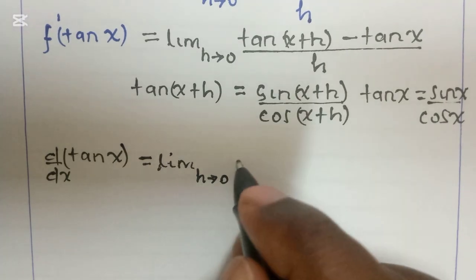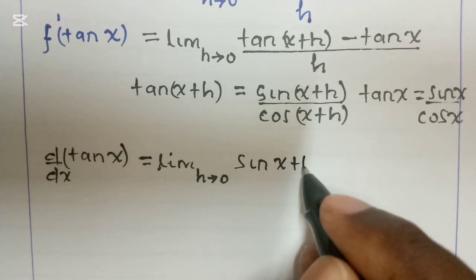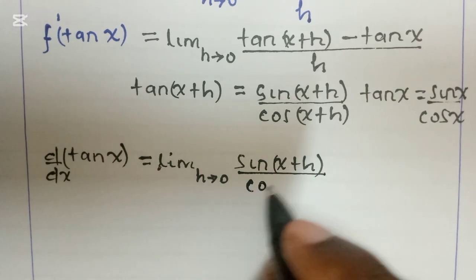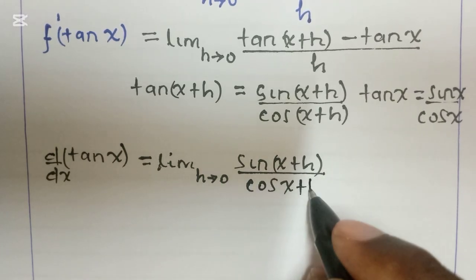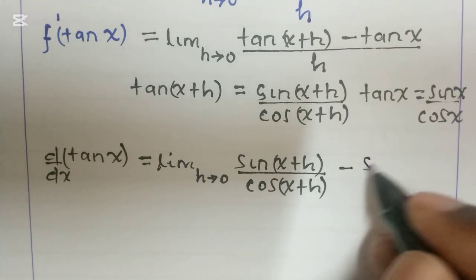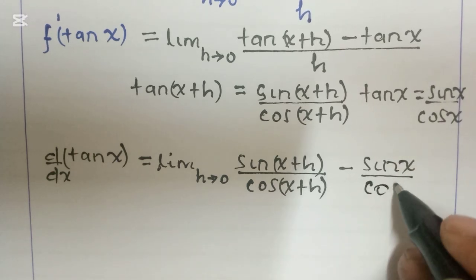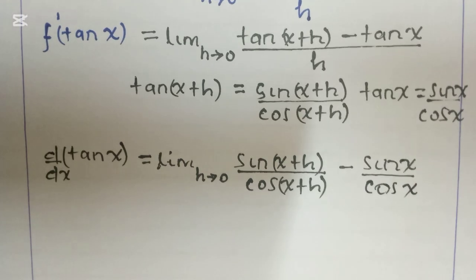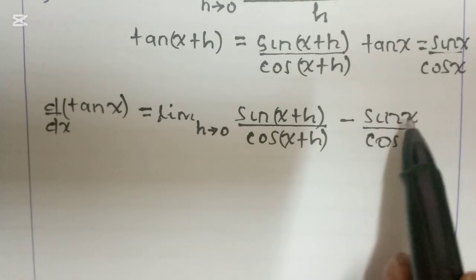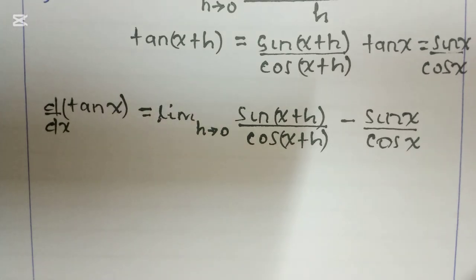Now we shall have sin(x plus h) all over cos(x plus h) minus sin x all over cos x, like that. So guys, now maybe we can deal with this one first. We can do away with the h for some time, but then we are going to bring it back.